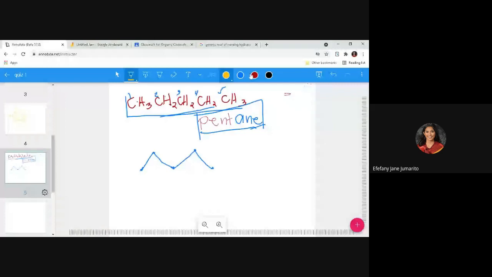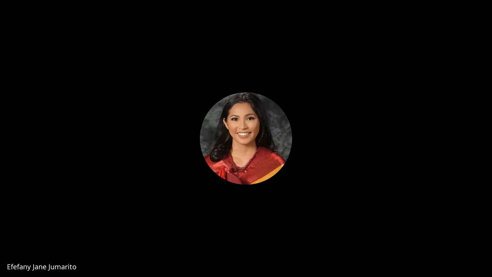Okay, so we have here, since there are 5 carbons, we will write 5 C. And then remember that our carbon can accommodate 4 bonds.